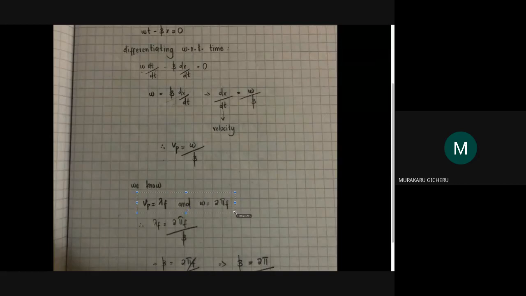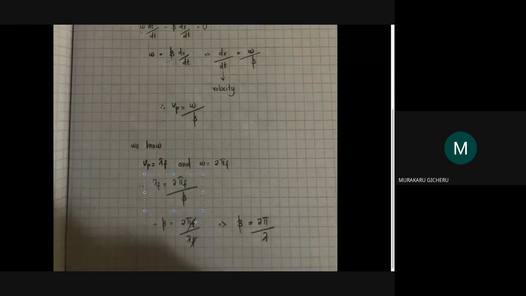We know that the velocity of a wave is given by the wavelength times the frequency, lambda times f, and we know that omega is equal to 2 pi f. If we substitute these in, we get lambda times frequency is equal to 2 pi f over beta.